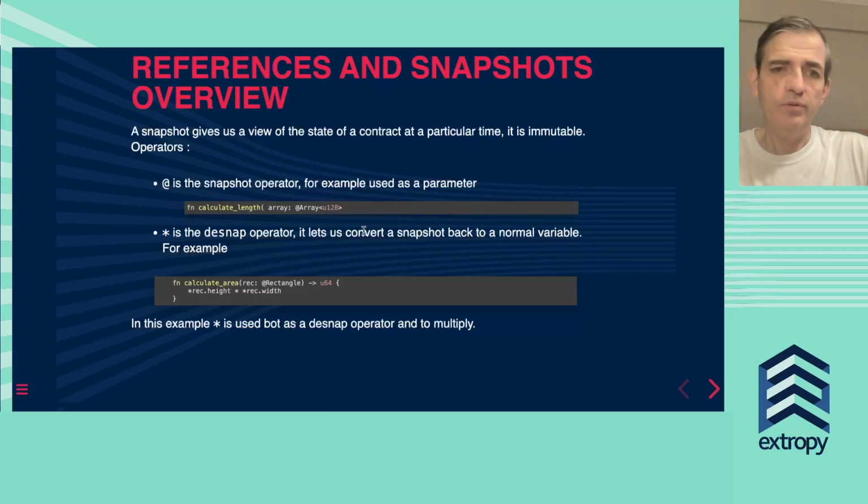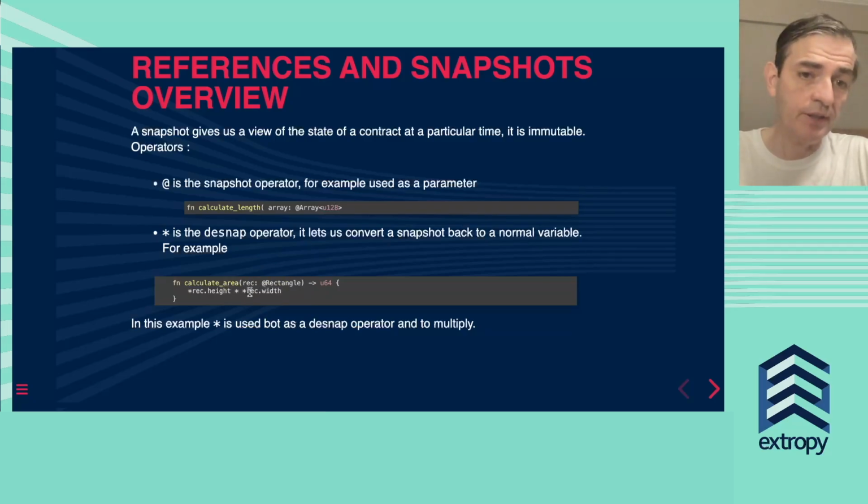And the opposite of the snapshot operator is the desnap operator, and it allows us then to convert a snapshot back to a normal variable, and this is the asterisk symbol. And you can see it being used in this code, where we have a snapshot being passed into the function, this rectangle snapshot, and then we can desnap it by using the asterisk in front of that variable.